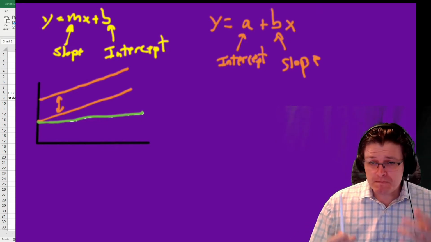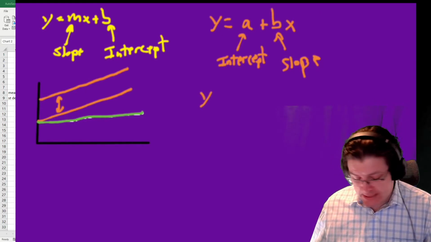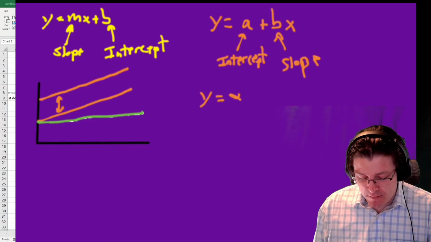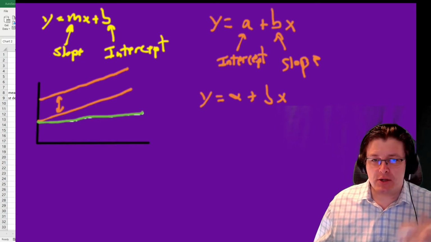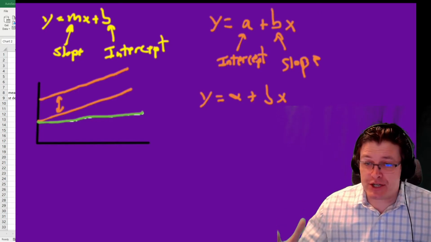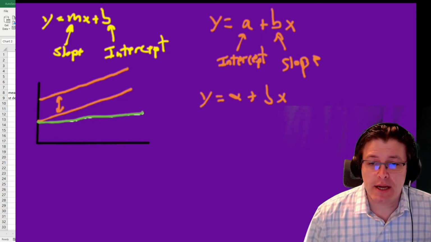As you go through the text, sometimes we are talking about alpha and beta. The alpha and the beta refer to the population. What we're trying to estimate is an alpha and a beta. We use a and b for our sample.